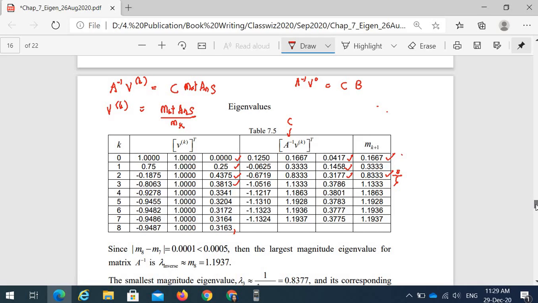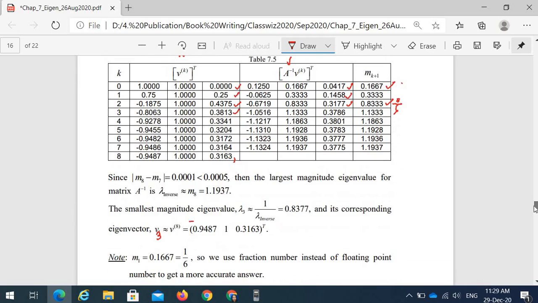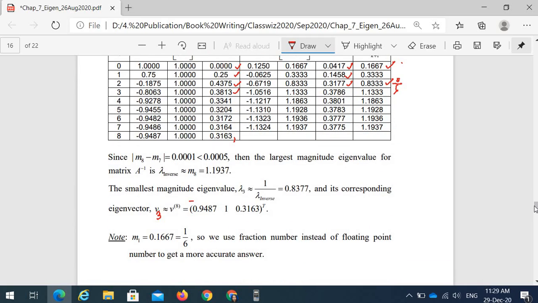Okay, and lastly, at the end of the power method, what you get is actually the lambda inverse, the dominant, the largest magnitude. Your lambda inverse, M(k+1), is the largest magnitude, which is 1 over lambda 3.